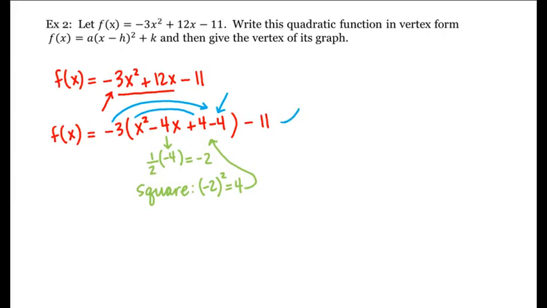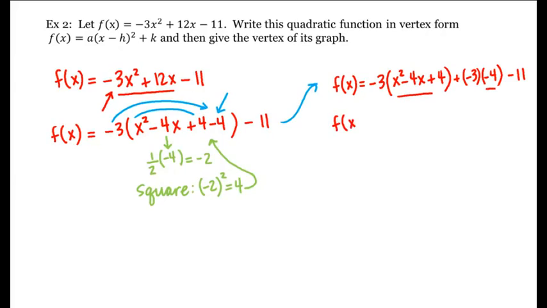That is, we have the following. f of x is equal to negative 3 times the first three terms, and then plus negative 3 times negative 4. And then we still have the minus 11. That is, we just distribute the negative 3 to the first three terms and then the last term.